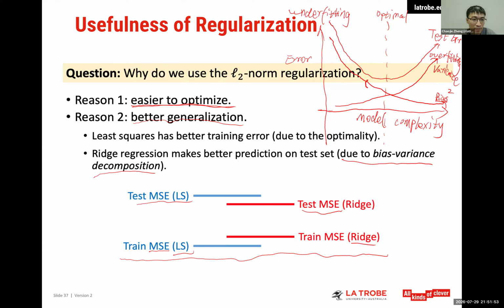Let's say, for example, we have seen this kind of true function, and we have sampled some data around it. Maybe the first time you train, you will get a curve like this, with high complexity. And next time you train, you may get a curve like this. It shows a different shape.